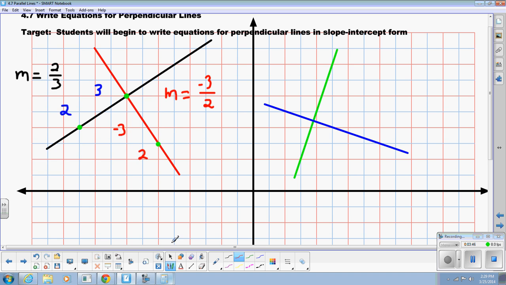So what we're looking for then is this. For perpendicular lines, the first thing I'm looking for is an opposite sign. Opposite sign. So opposite sign, one is positive, one's negative. And the second thing is that the numbers are reciprocal.